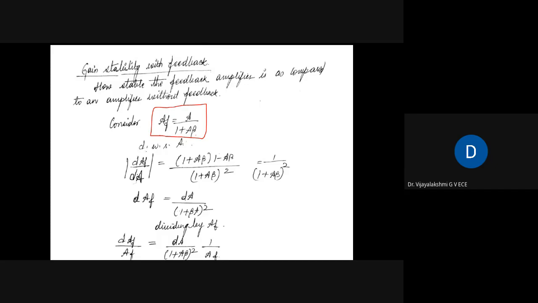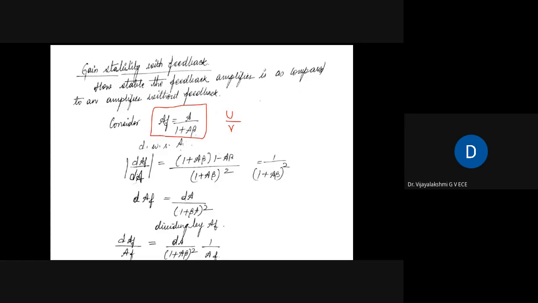Now we differentiate this equation with respect to A. So I get d by dA of AF, and here we use the u by v method, with v squared, that is 1 plus A beta the whole squared, in the denominator.